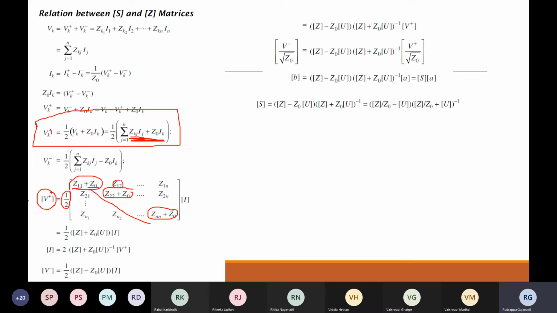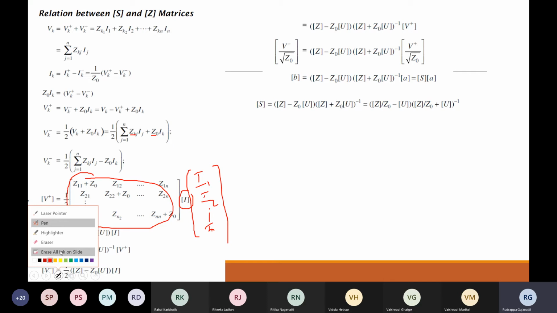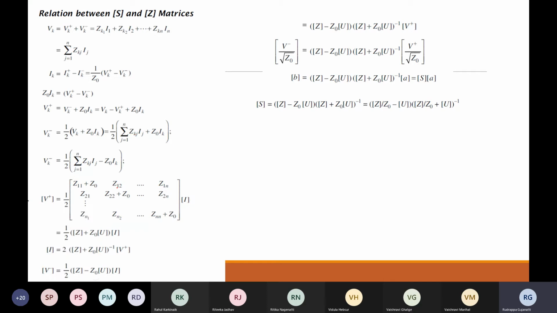The remaining elements will be Z12 up to Z1N and so on. This matrix gives the representation associated with the impedance parameters. When we take out the common parameters, I'll have the current parameters I1, I2, so on up to IN. This is the representation we obtain for the incident parameter.